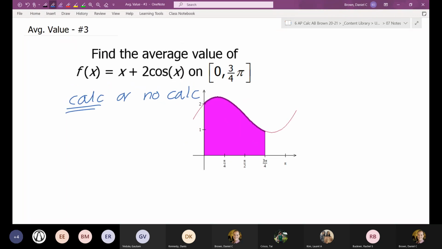But again, sometimes these problems are going to be calculator problems. Sometimes they will be no calculator.